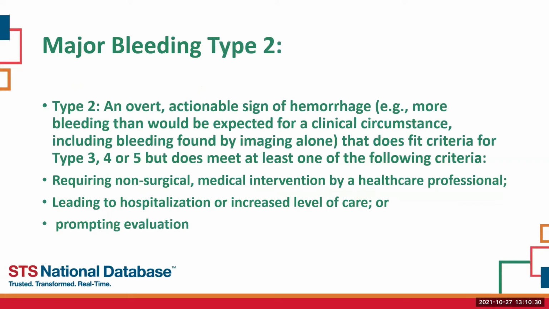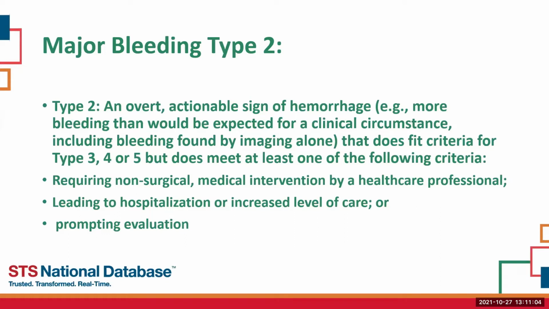Type 2 is an overt actionable sign of hemorrhage, like more bleeding than would be expected for a clinical circumstance, including bleeding found by imaging alone that does not fit the criteria for types 3, 4, or 5, but does meet at least one of the following criteria: requiring non-surgical medical intervention by a healthcare professional, leading to hospitalization or increased level of care, or prompting evaluation.